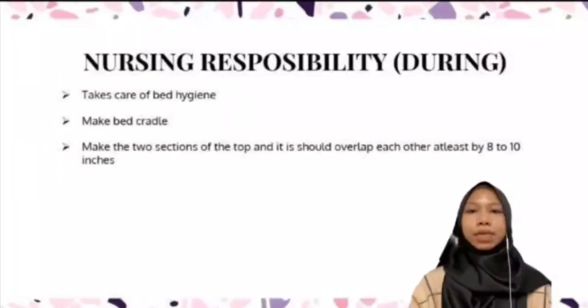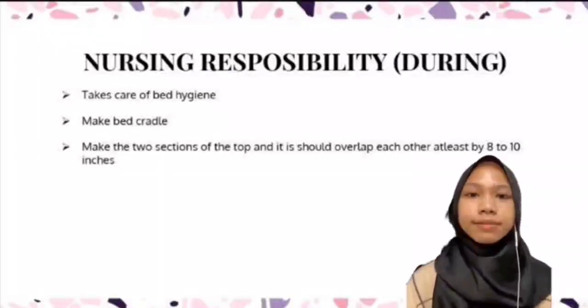Next, make the bed cradle. It is used to take off the weight of the top linen. Lastly, make the 2 sections of the top linen and they should overlap each other by at least 8 to 10 inches so that it can be easily lifted to observe the stump and also to prevent unnecessary exposure of the patient. That's all from me. I will pass to the next presenter.